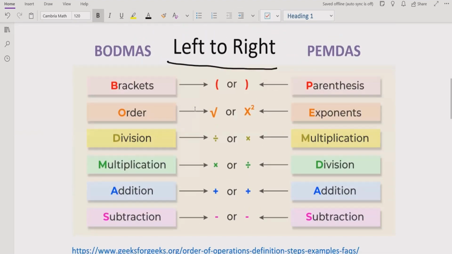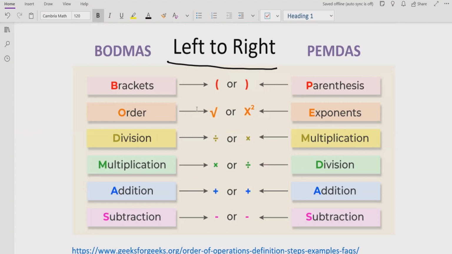Just recall the rule which we will follow to solve this expression. As you know, we have the PEMDAS and BODMAS methods. As you can see on the screen, if you use PEMDAS or BODMAS, you will get the same, correct answer for this type of expression.